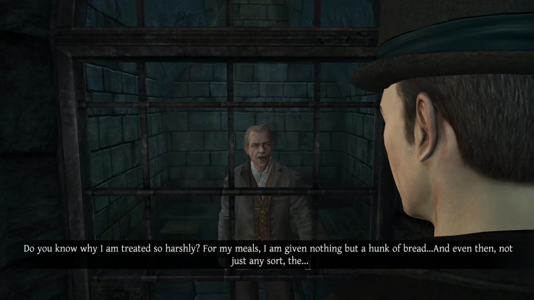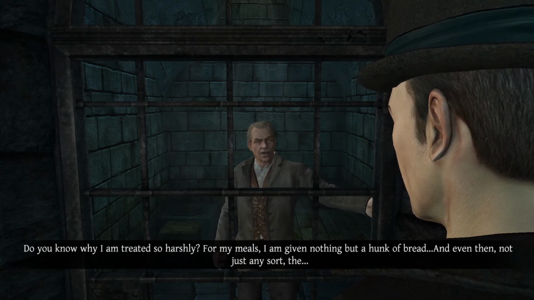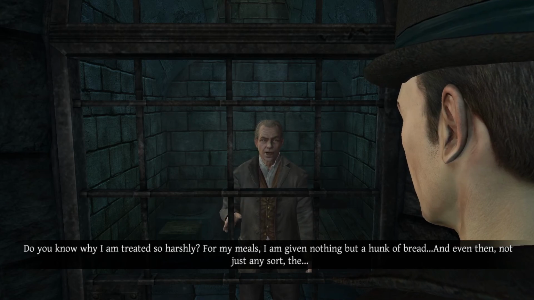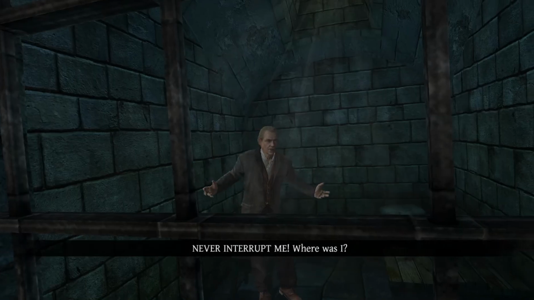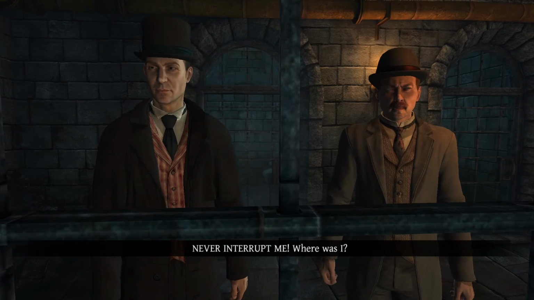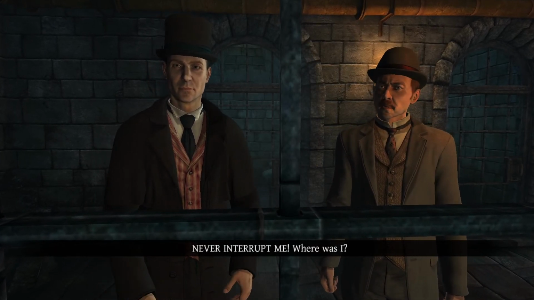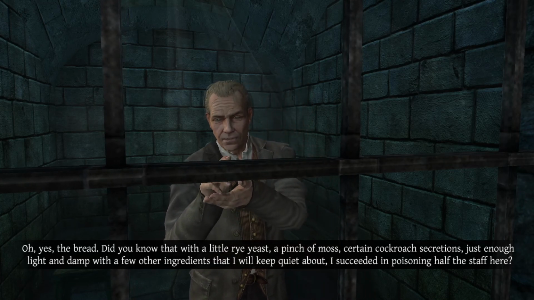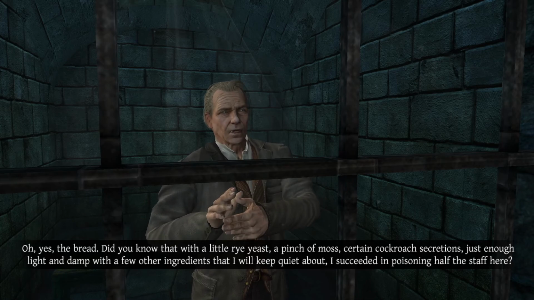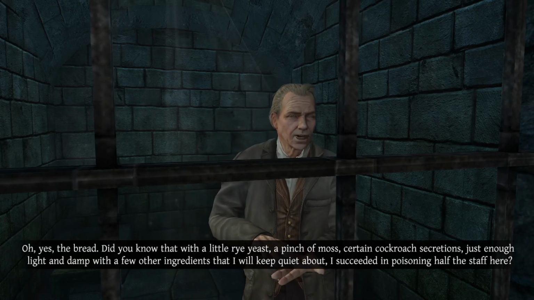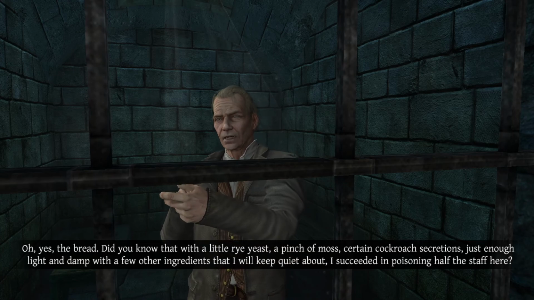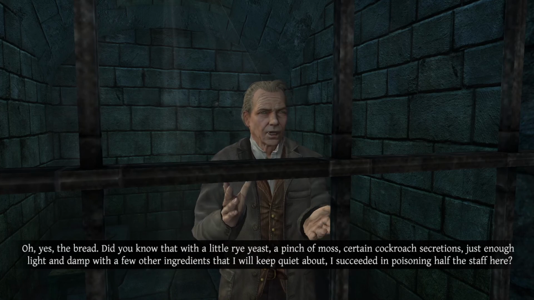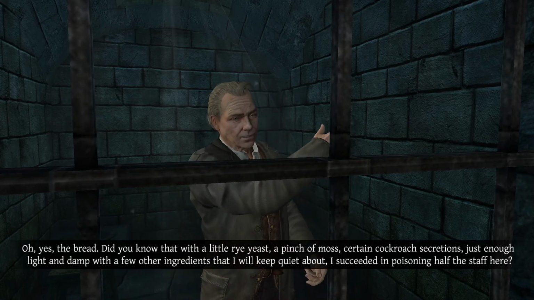Do you know why I am treated so harshly? For my meals, I am given nothing but a hunk of bread. And even then, not just any sort. Get to the point. Never interrupt me! Where was I? Oh yes, the bread. Did you know that with a little rye yeast, a pinch of moss, certain cockroach secretions, just enough light and damp, with a few other ingredients that I will keep quiet about, I succeeded in poisoning half the staff here.